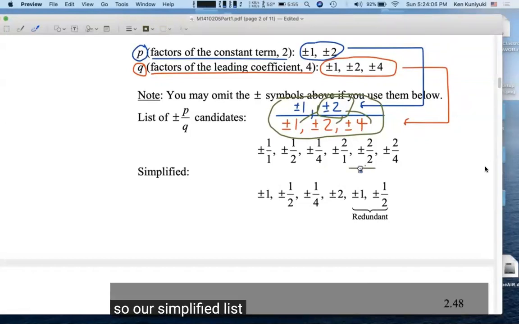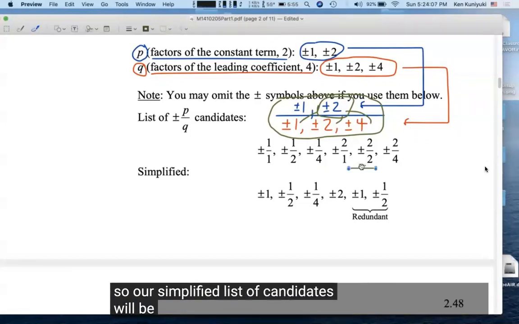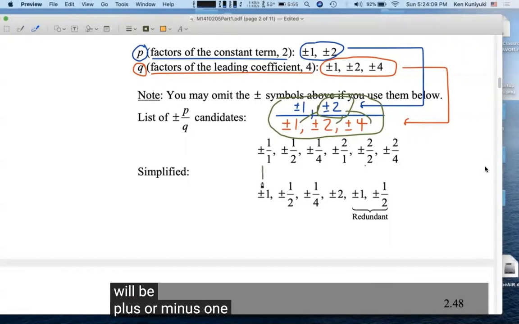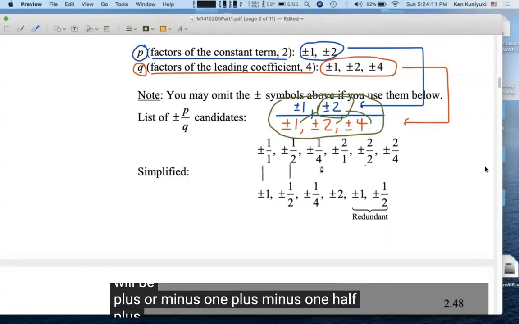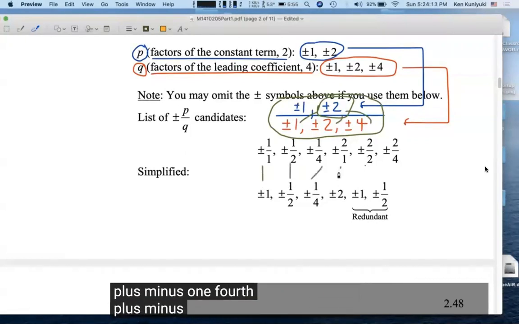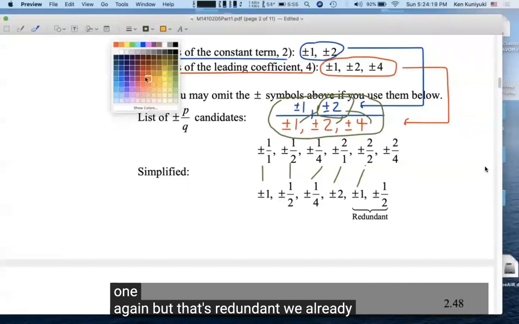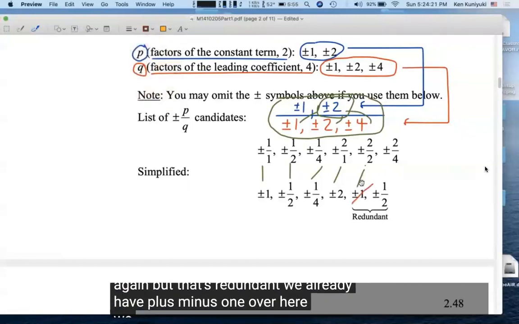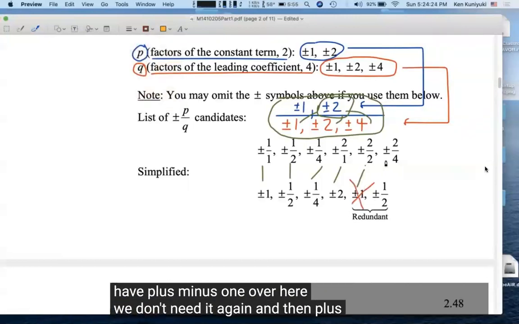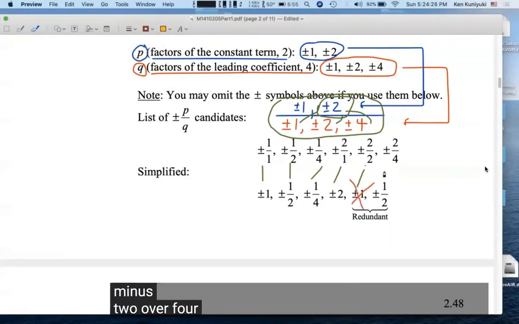So our simplified list of candidates will be plus or minus 1, plus or minus 1/2, plus or minus 1/4, plus or minus 2. Here we get plus or minus 1 again, but that's redundant. We already have plus or minus 1 over here. We don't need it again. And then plus or minus 2 over 4. Again, that's plus or minus 1/2, which is redundant. We don't need to list those again.